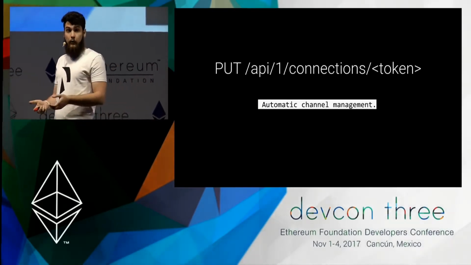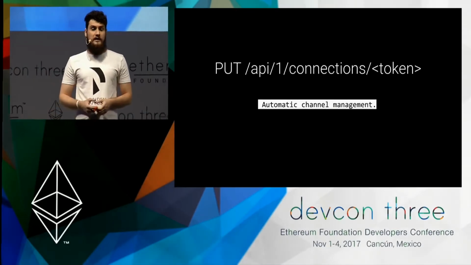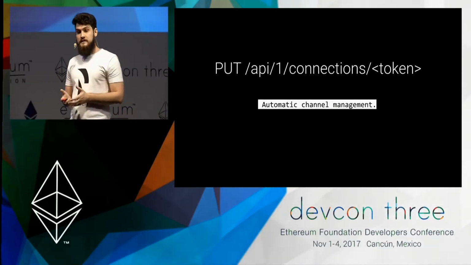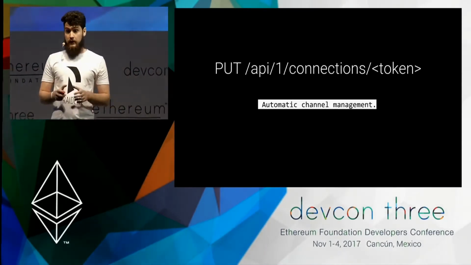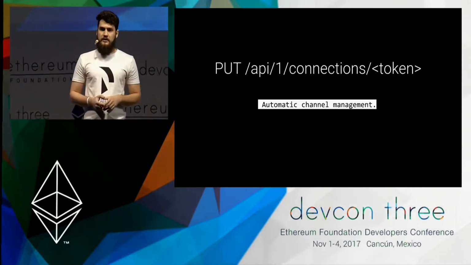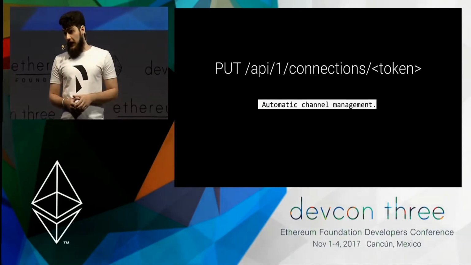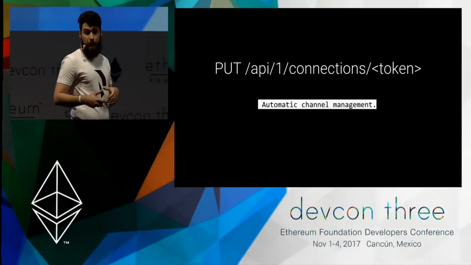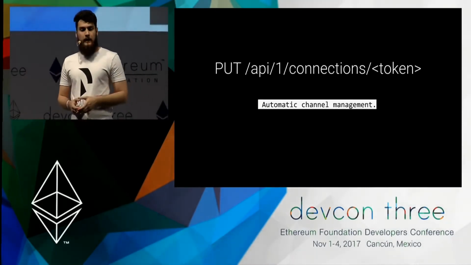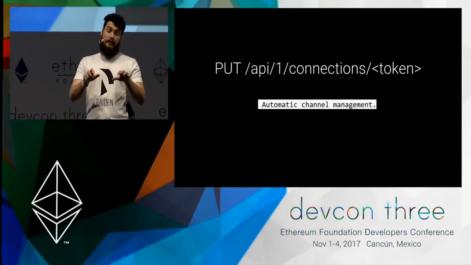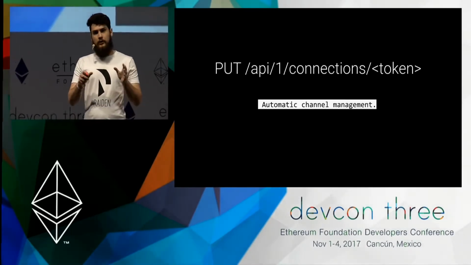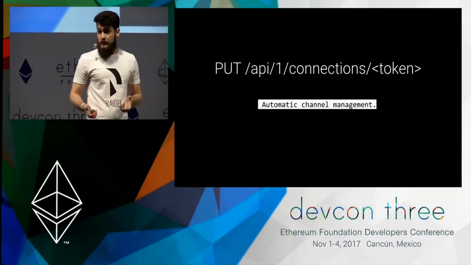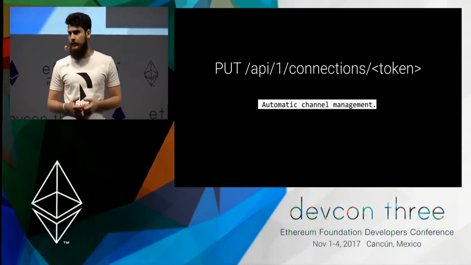The first thing that you want to do once you have Raiden installed is to connect to the Raiden network. In the Raiden process, we have 2 APIs to connect to the network. The first one that I'm going to present is the endpoint for connections. This is an automatic way of setting up channels that Raiden is going to manage for you. The goal of this endpoint is for you to configure Raiden, telling how much token Raiden should use to manage and open channels with the network.